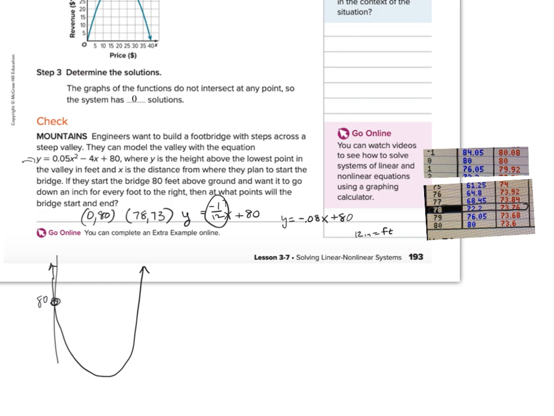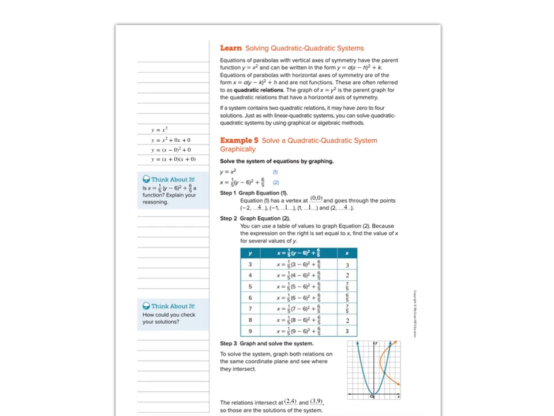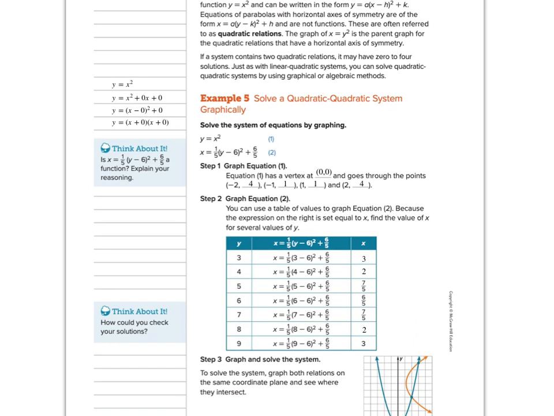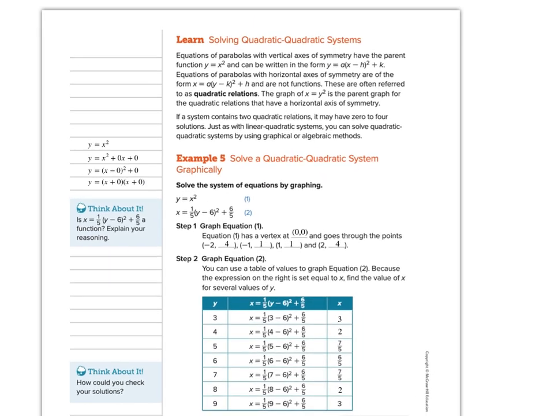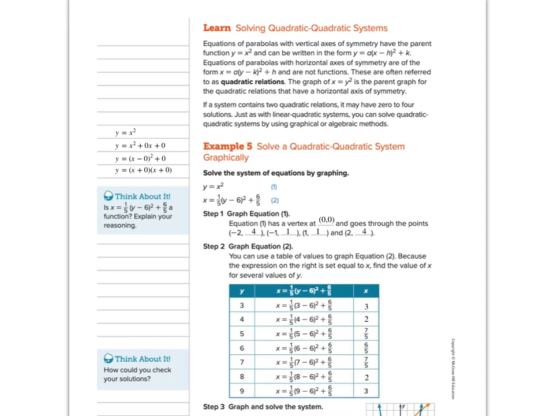Now, looking here, solving quadratic systems, we are at a point where we can make them and factor them, and let's see what happens. We understand that the vertex form, y equals x squared, is the same thing as this, which is the same thing as this. Those are all equivalent statements.